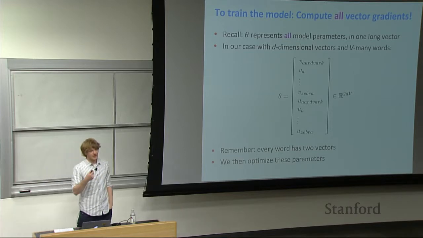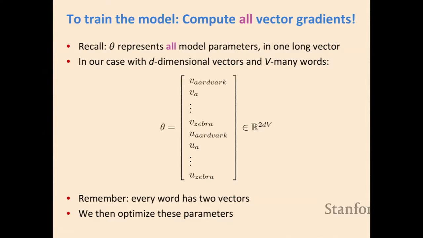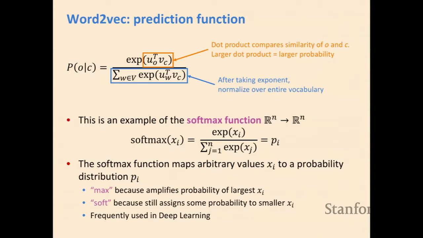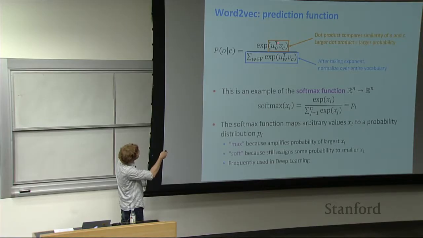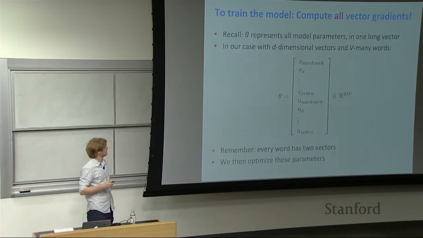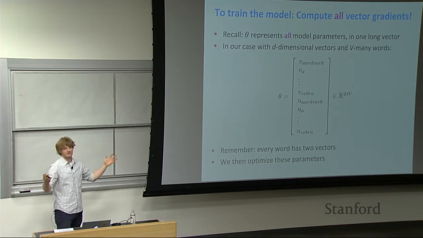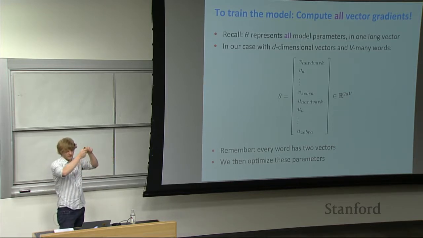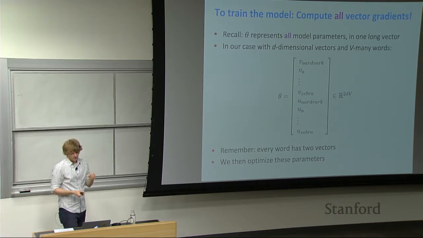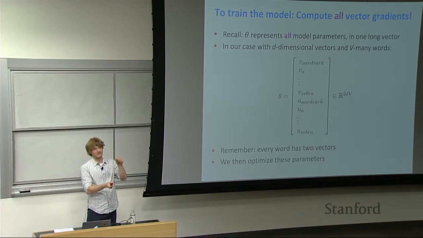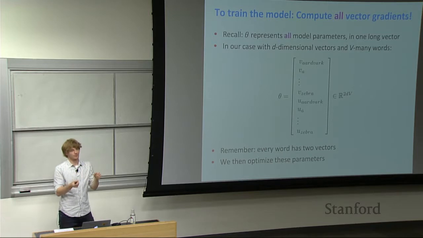Now, if we wanted to train this model, we would have to take derivatives with respect to all of these different vectors for all of these different windows. So theta here, which is the set of all the parameters of this model, is essentially one very, very long vector where we stack all the different vectors for each of the words.